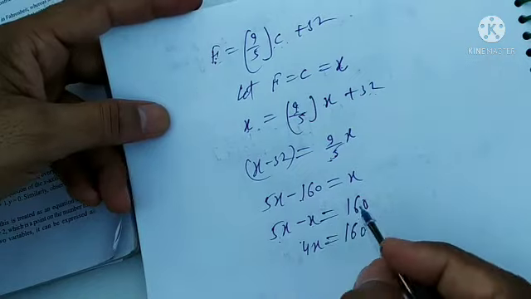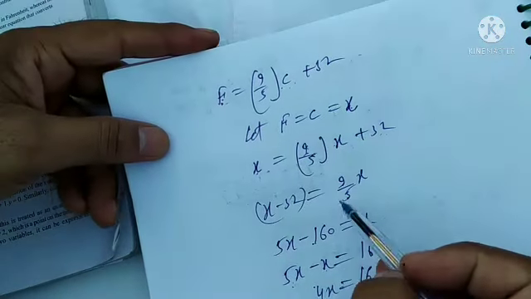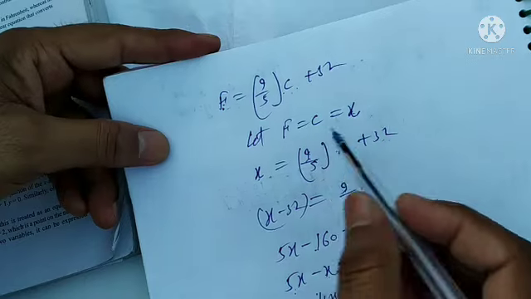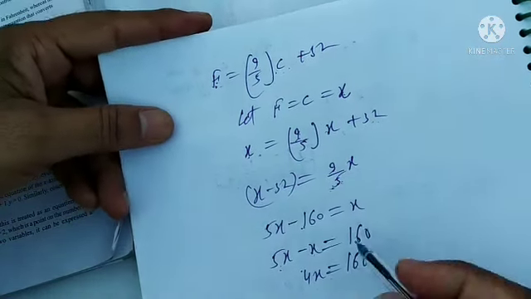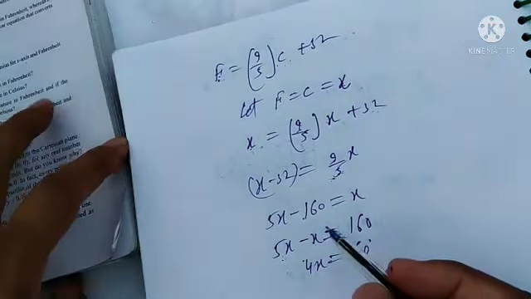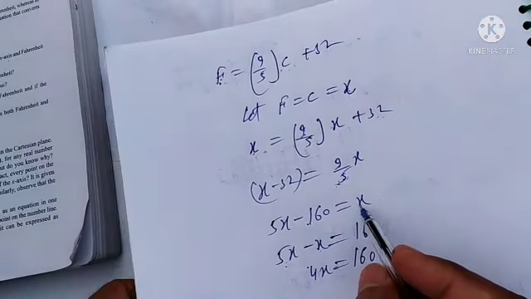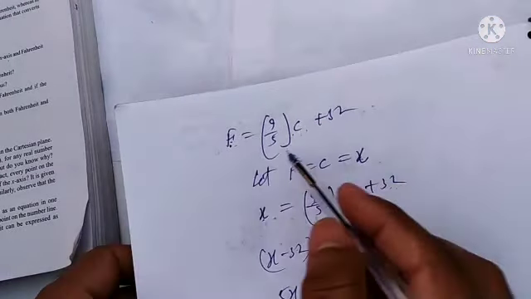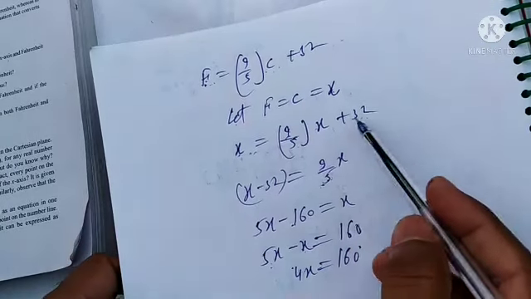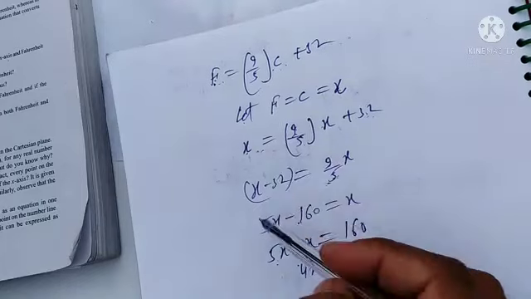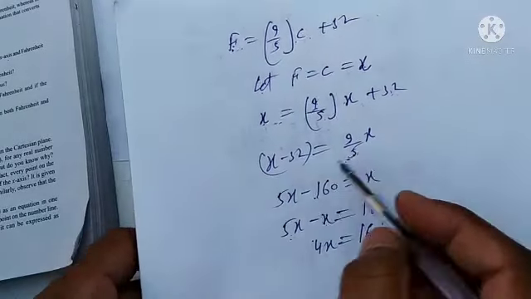And then see one thing we have missed here. X is taken this side: F is X and C is X. So we have taken 32 this side, 32 becomes negative and X is positive already.